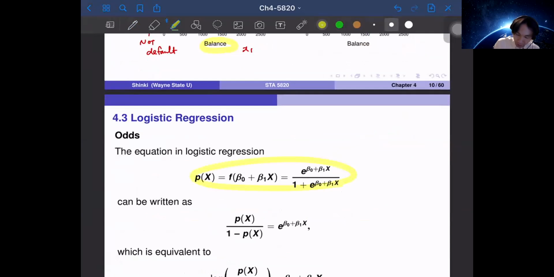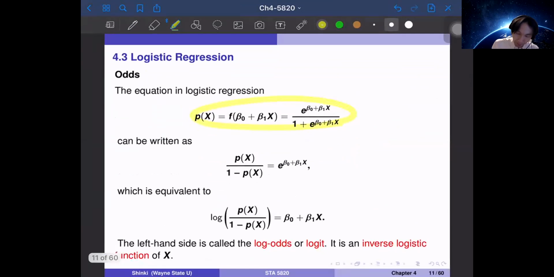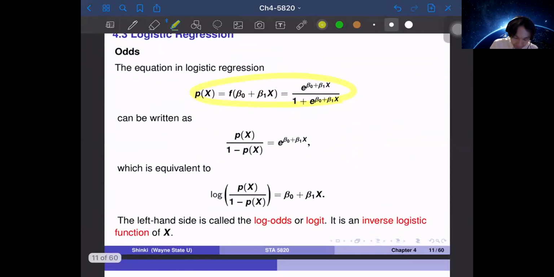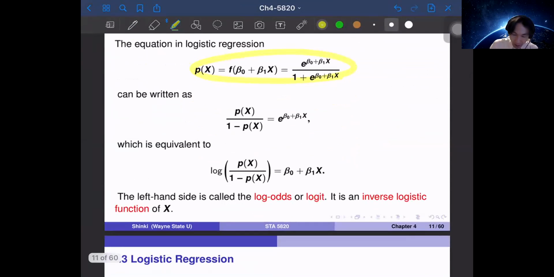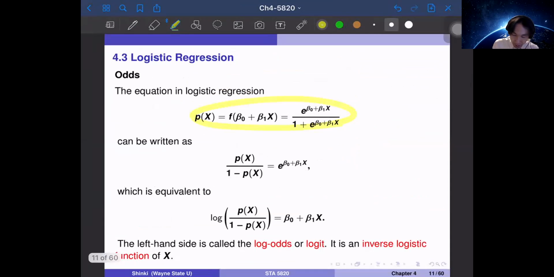So this is p of x, and we want to determine beta naught and beta 1. Next we will discuss how to estimate them, but for now we have some discussion about this functional form. This one can be translated into this.